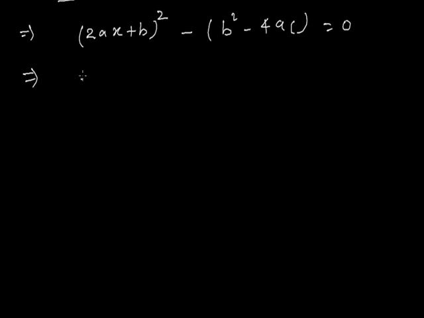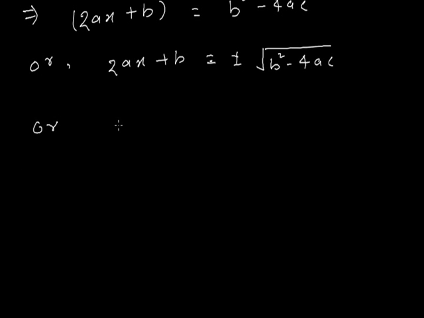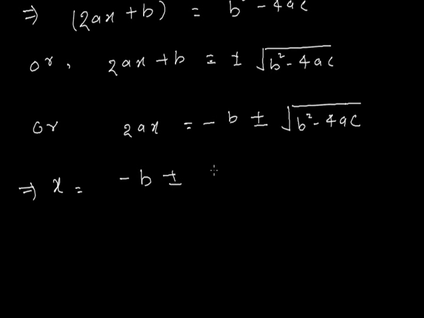Now we can write it in the form of square root plus minus b square minus 4ac, or 2ax equal to minus b plus minus square root of b square minus 4ac, or we can write it as x equal to minus b plus minus square root of b square minus 4ac upon 2a.